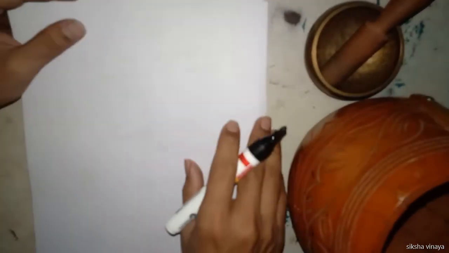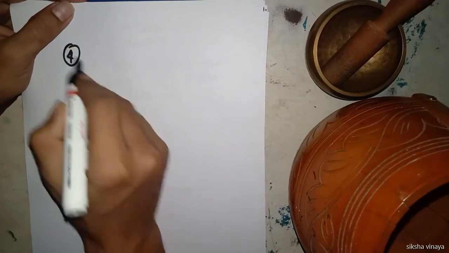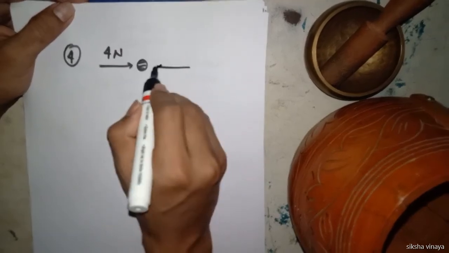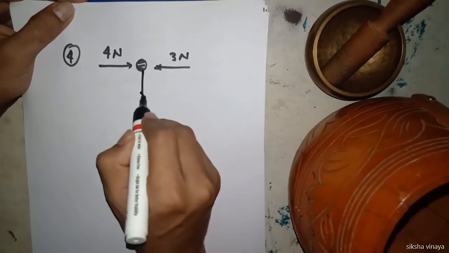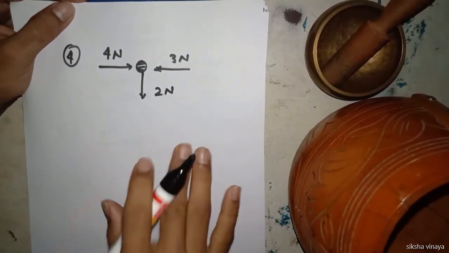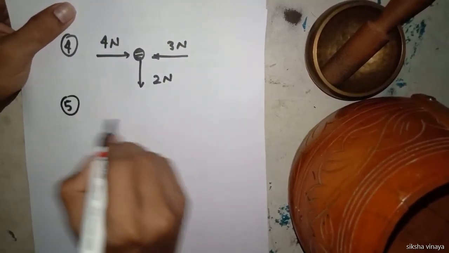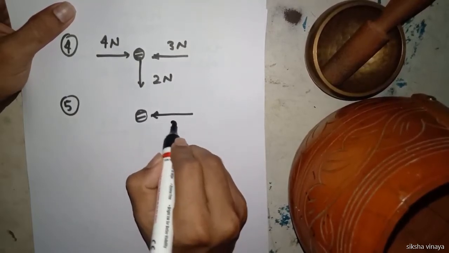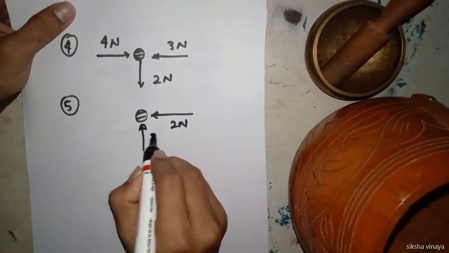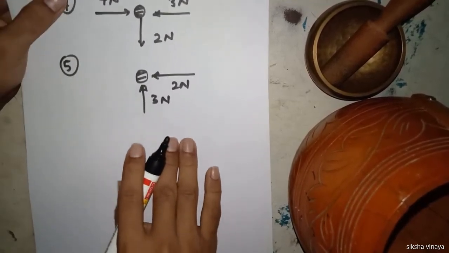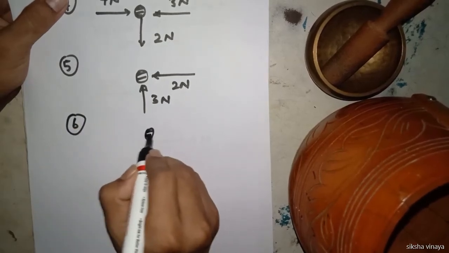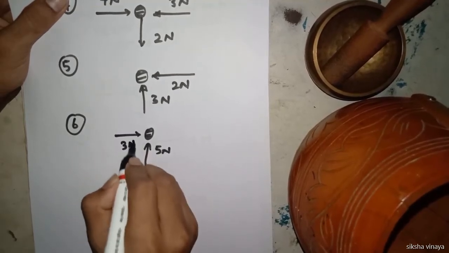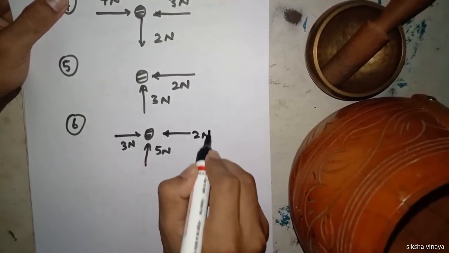Another problem is Four Newton, 3 Newton, 2 Newton. Another, 2 Newton, 3 Newton. Another is 5 Newton, 3 Newton, 2 Newton.